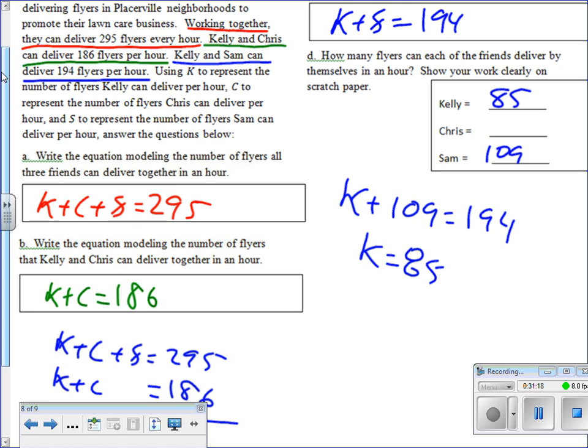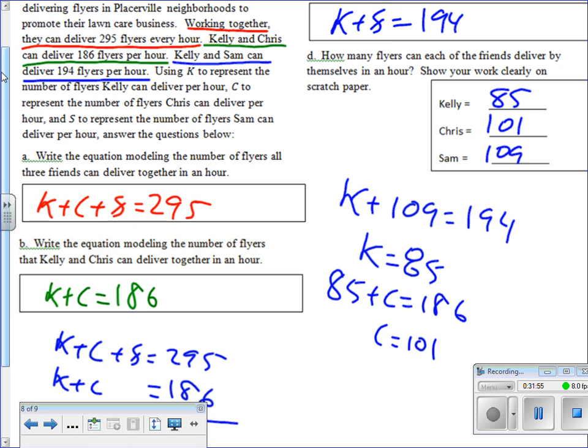And then I don't need to go back to the original one to substitute those two in to find Chris. I can just go to this one here. Kelly plus Chris can do 186. 85 for Kelly plus Chris can do 186. Subtract 85 from both sides. So Chris can do 101. Piece of cake, easy peasy.